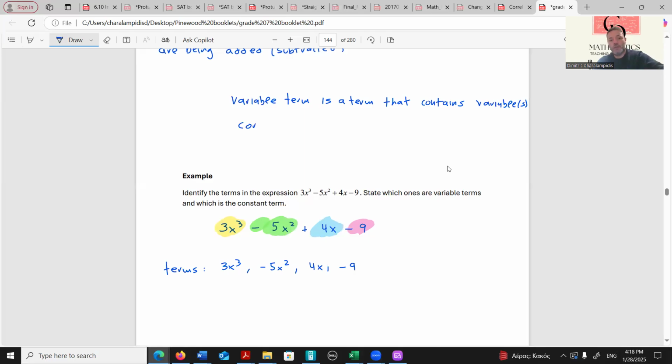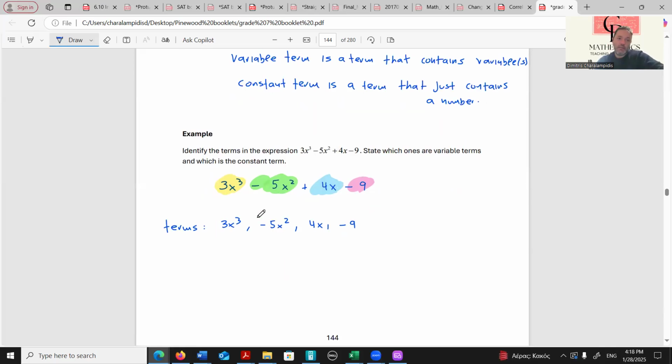A constant term is a term that just contains a number. So with these two extra definitions, it is quite easy to understand that 3x cubed, minus 5x squared and 4x are the variable terms, while the minus 9 is the constant term.